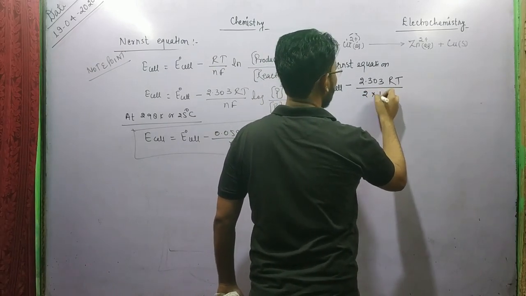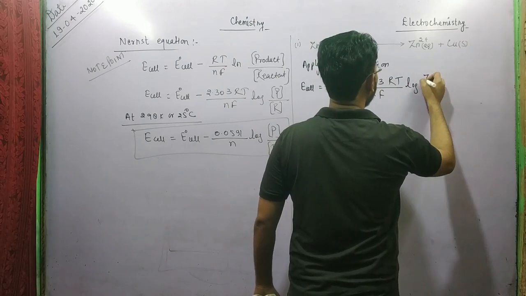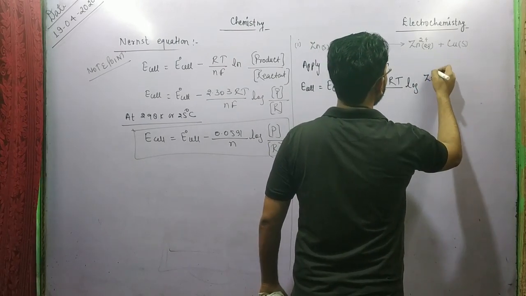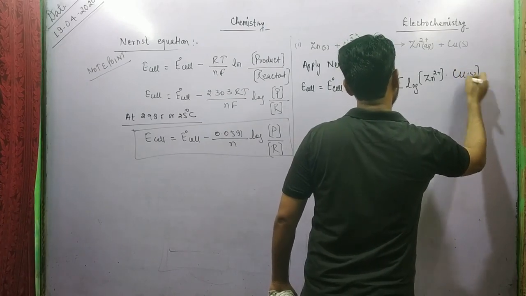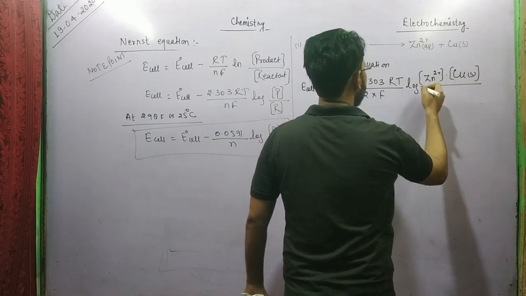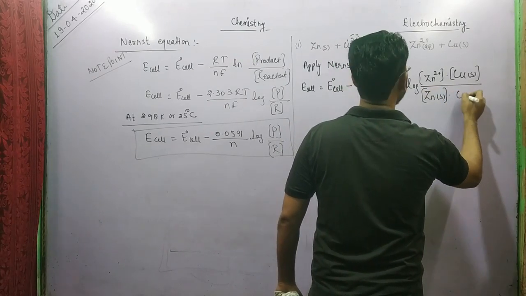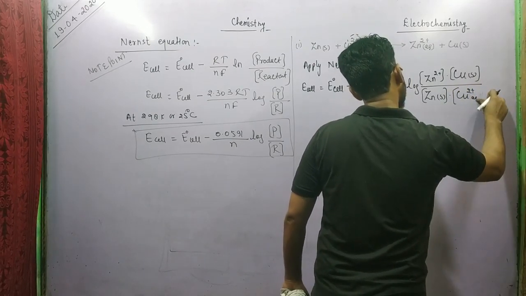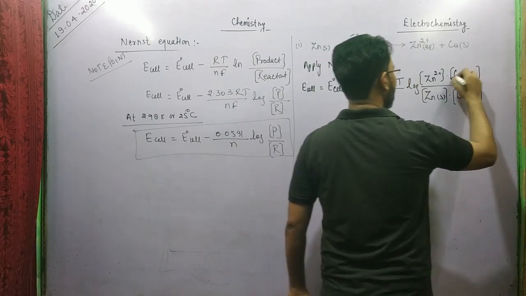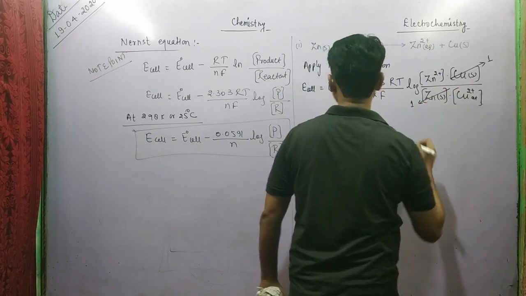Log base 10 of the concentration of product, Zn2+ aqueous and Cu solid, over Zn solid and Cu2+ aqueous. We know the concentration of a solid is taken as unity, so Cu solid is 1 and Zn solid is 1.